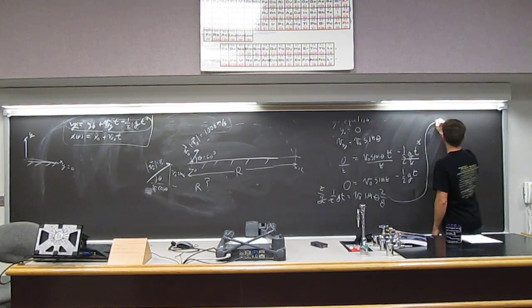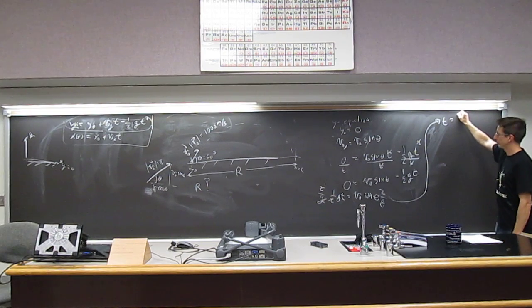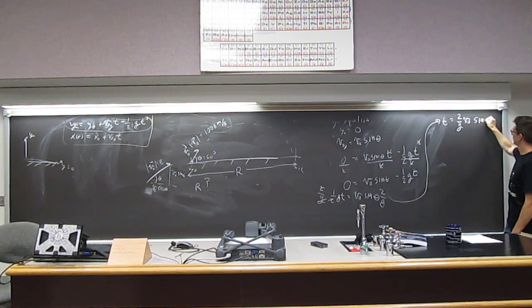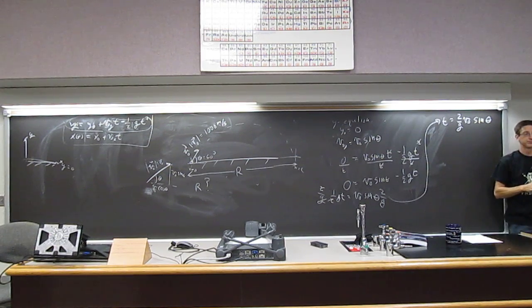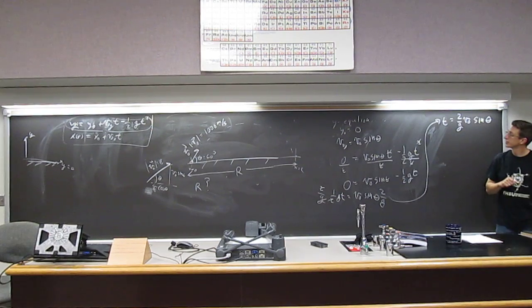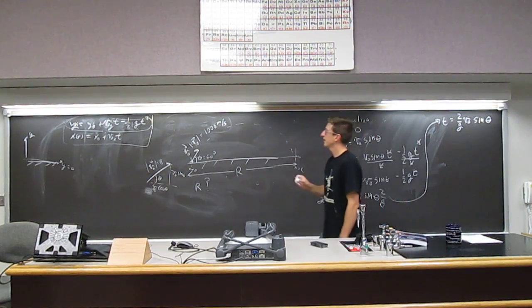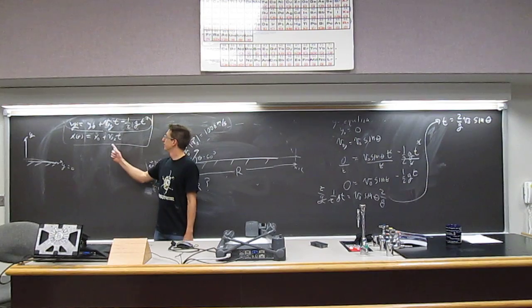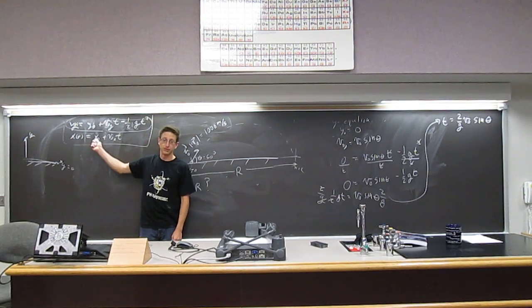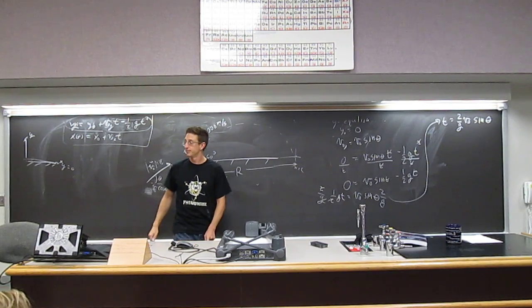If I do that, that means my time in the air would be 2 over g v naught sine of the angle. Make sense? Let's go plug that into the x equation to get range. X of t, when I plug in that time, is the range if x naught is 0. Okay?